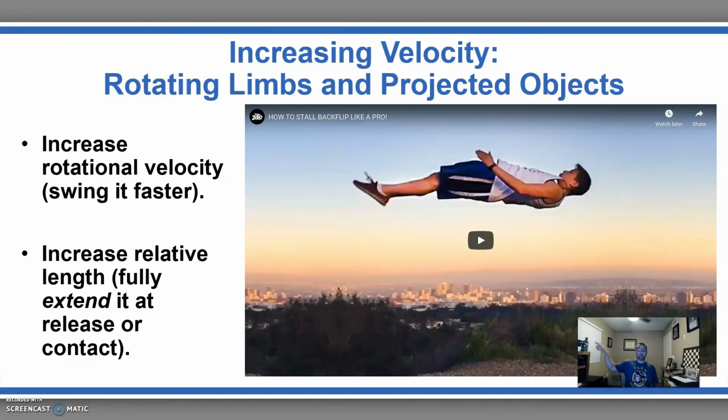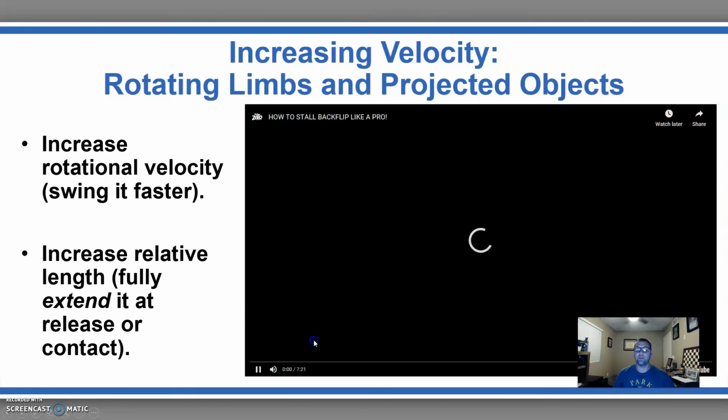If I'm here and I use my rotating muscles, so my external rotators to my internal rotators, these are going to move extremely fast. So I'm going to increase that rotational velocity. Now, if you see here in this backflip that I'm going to show you, you'll notice that when the guy's legs are extended, he slows down.